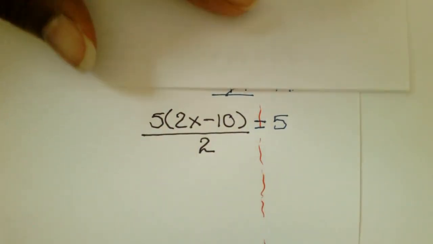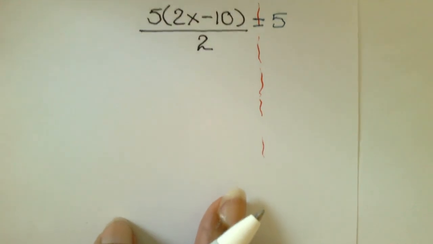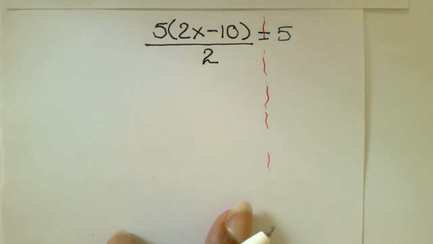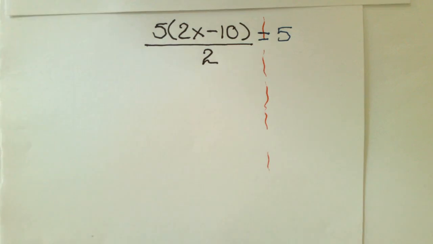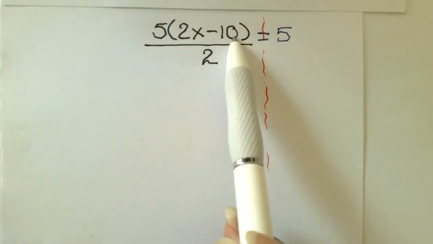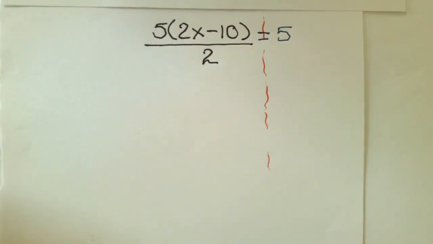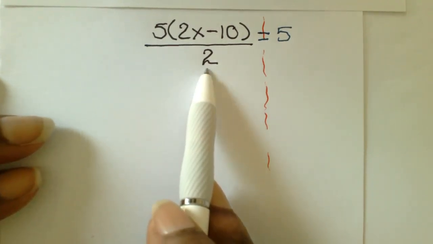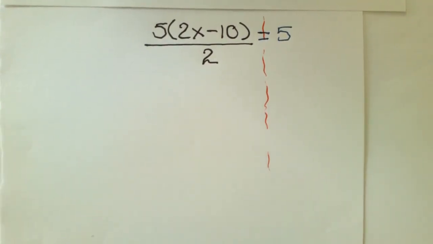So I'm going to cover this part up so we can focus our attention on one thing at a time. I know some people will say, hey, why don't you do the distributive property? You can. And remember, there's more than one way to solve this. But I'm trying to think of how I can lessen things so I don't have to worry about multiplying somewhat larger numbers.